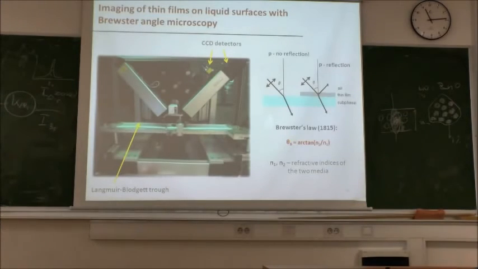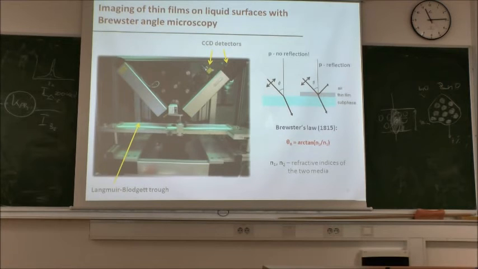With our imaging ellipsometer, we can also perform Brewster angle microscopy. This microscopic technique is very useful for imaging of monomolecular films at the gas-liquid or gas-solid interfaces.